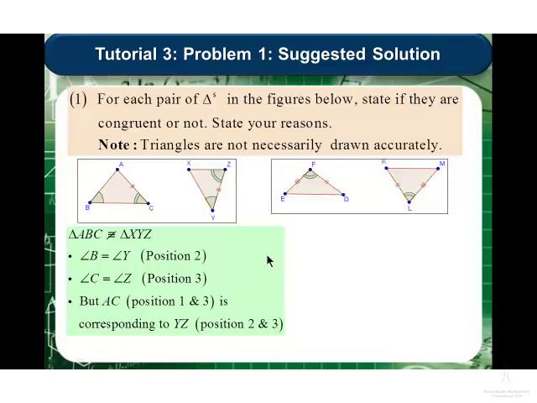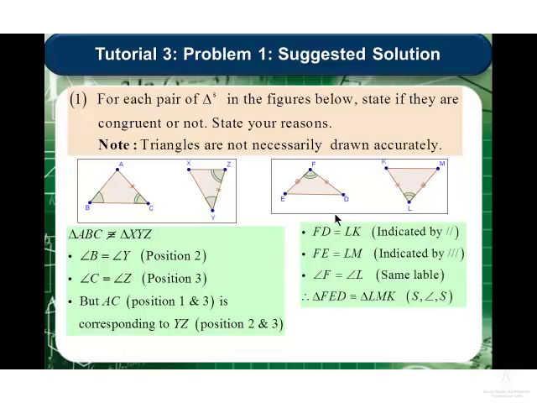Let's have a look at the second pair of triangles, triangle FED and triangle LMK. The order is important in this particular case. Here we have that the side FD has the same length as the side LK.